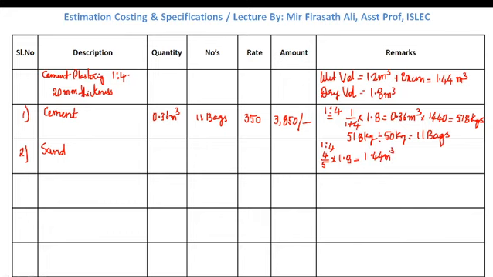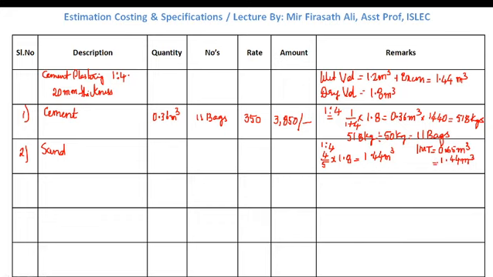Okay. 1 metric ton is equal to 0.65 meter cube. So 1.44 meter cube is equal to how much?